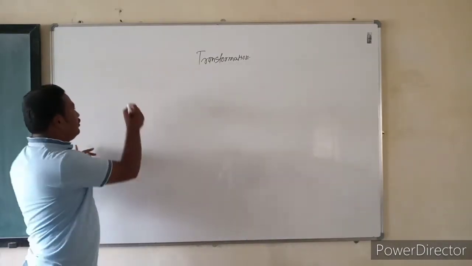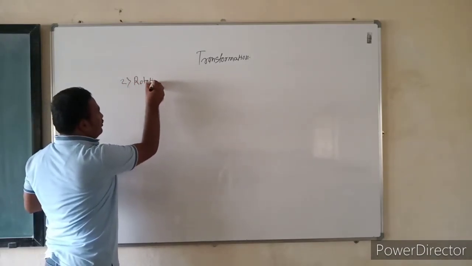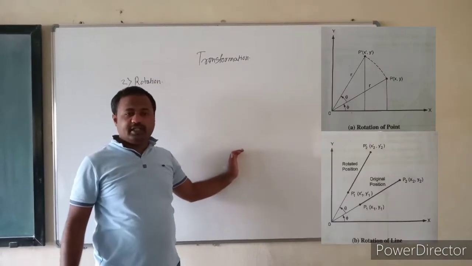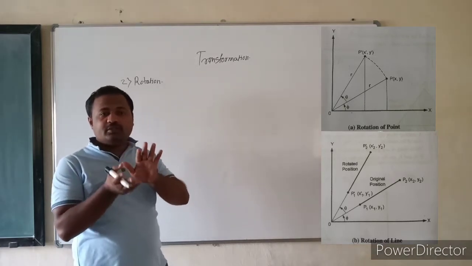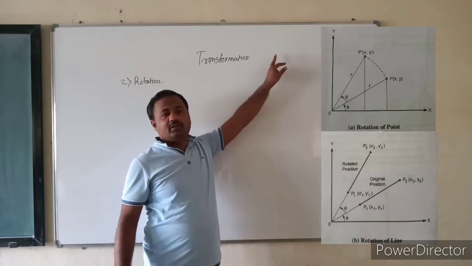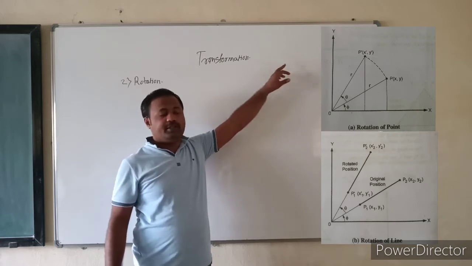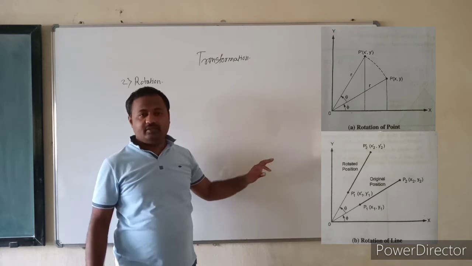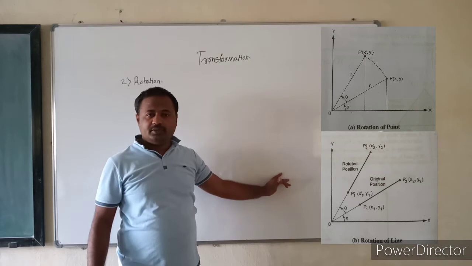We can go to the next transformation, which is rotation. The second type is rotation. In the figure you see that rotation is divided into two parts. First is rotation of a point, where point P is rotated with reference to the origin to the new point P dash, and second is rotation of a line.